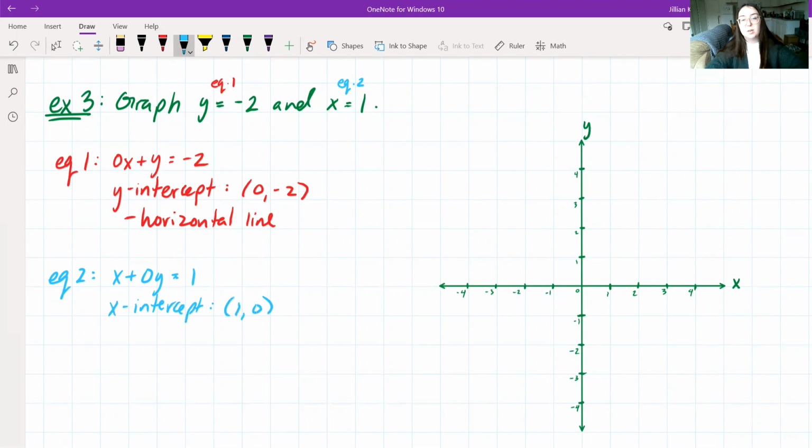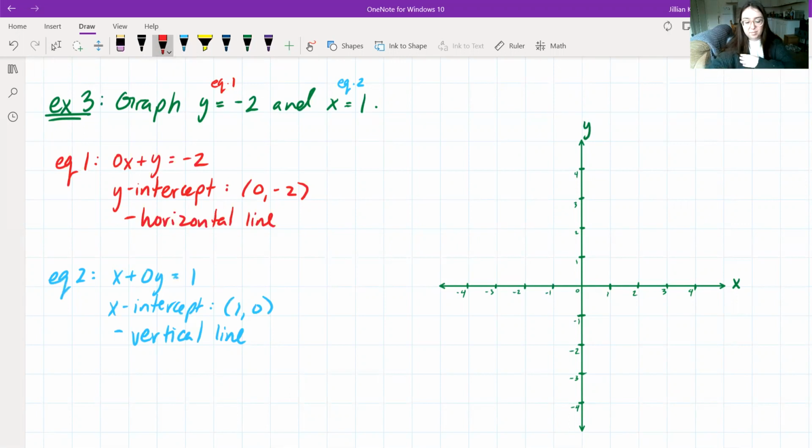And because we have no solution for y, or really infinitely many solutions for y, this means we get a vertical line. It would mean that no matter what value we plugged in for y, x would always equal 1, or no matter what value we plug in for x, y would always equal -2. So these would create just straight lines, either horizontal or vertical.